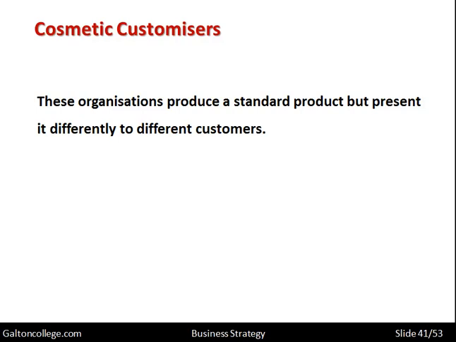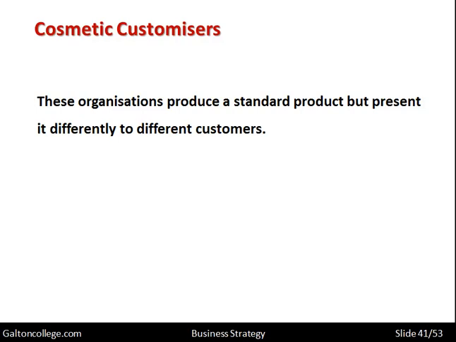Cosmetic customizers. The organization produces a standard product but presented differently to different customers. So it's a standard product, but different customers see it differently. It's presented differently according to the market niche that it's been presented in.